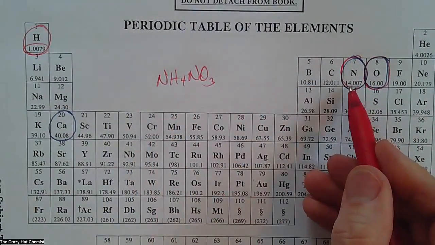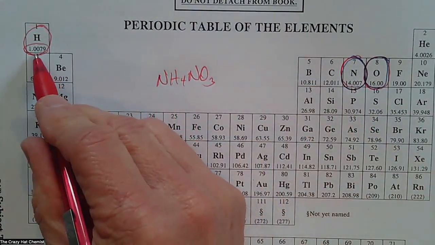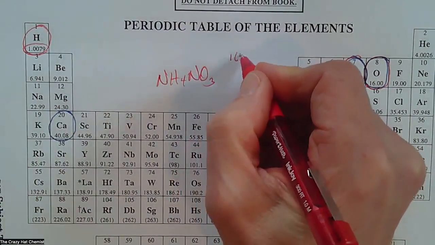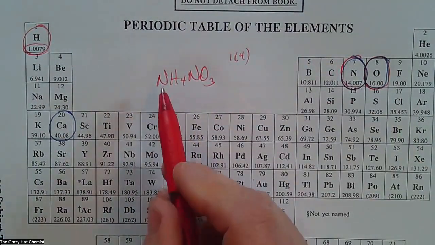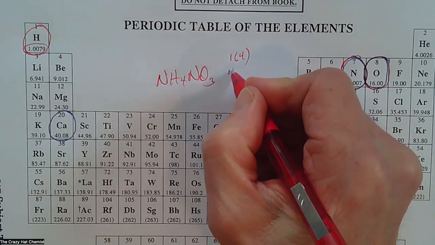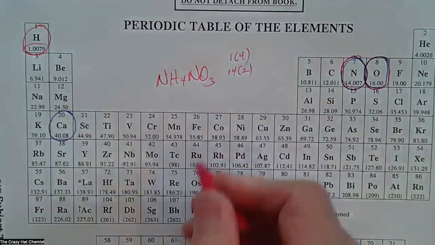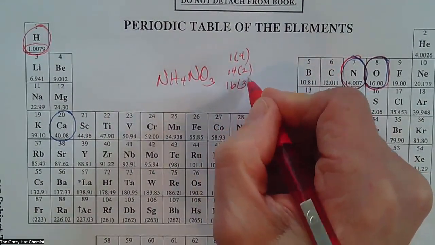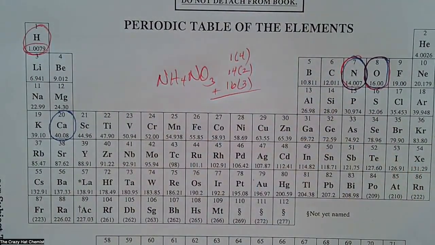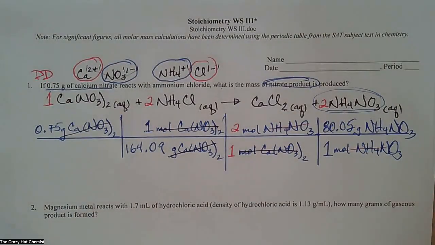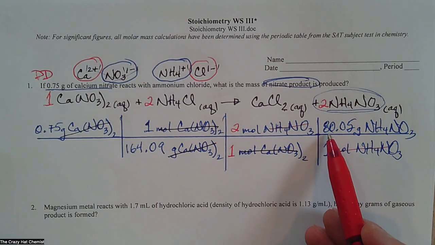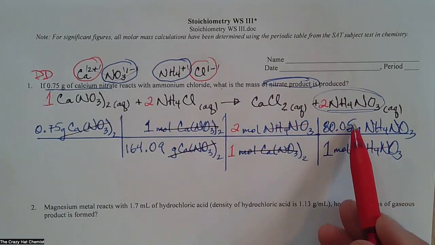So what you're going to do is you're going to say hydrogen times 4. And I'm going to use a whole number. Then nitrogen, that's 14 times 2. And then oxygen, 16 times 3. I'm going to sum those up. I'm going to get a whole number. And that whole number is 80. And that's why I'm going to assume that I have calculated this molar mass correctly.